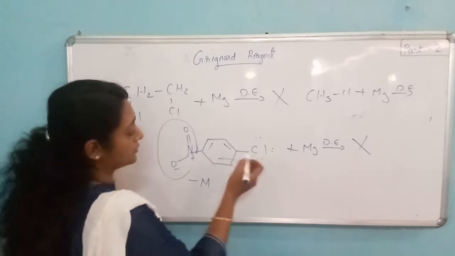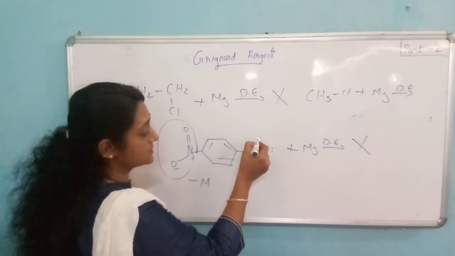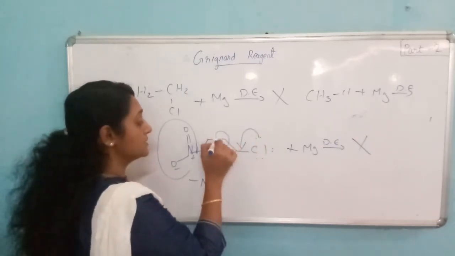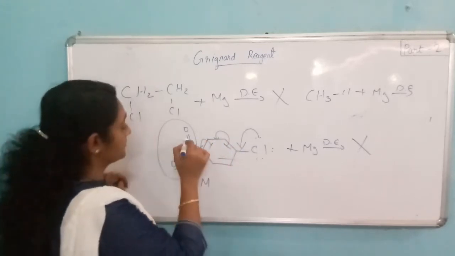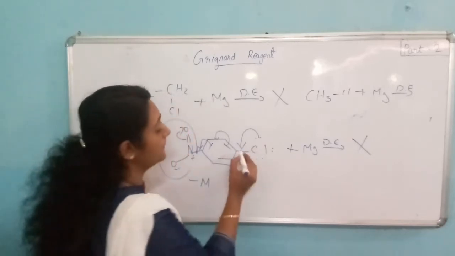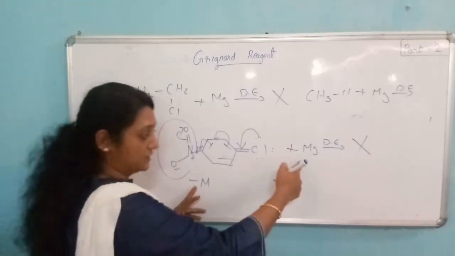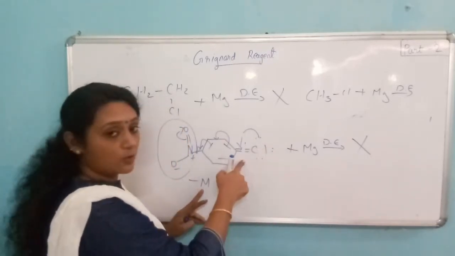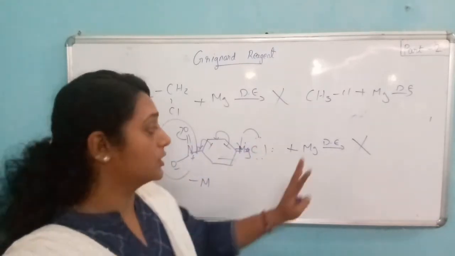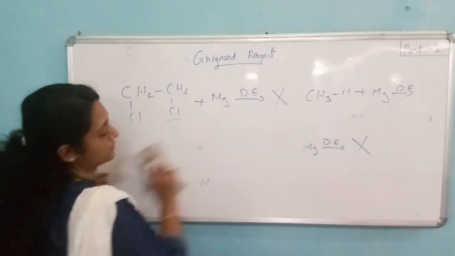It withdraws electrons from the benzene ring, and the lone pair of electrons present on the chlorine also comes into conjugation with the benzene ring, and the carbon-chlorine bond acquires double bond character. When magnesium is added to this compound, it is difficult for magnesium to break this bond and come in between carbon and chlorine. Therefore, a Grignard reagent will not form in this compound also.